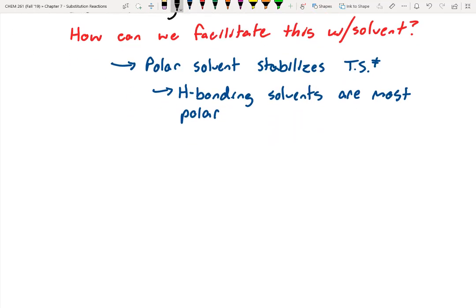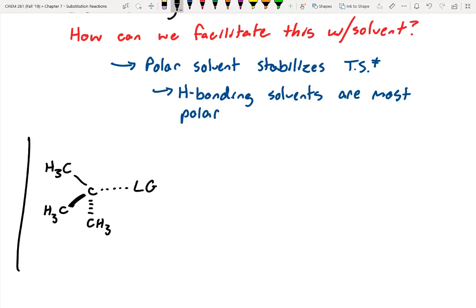Let's draw this. Okay, so I'm going to draw a partial positive, partial negative. Let's draw a polar protic solvent.